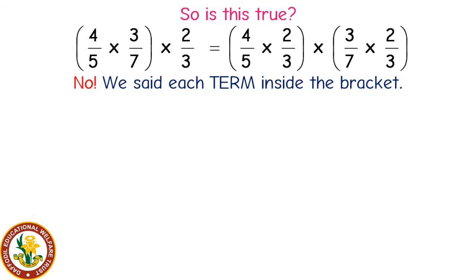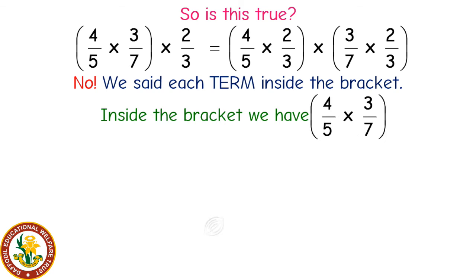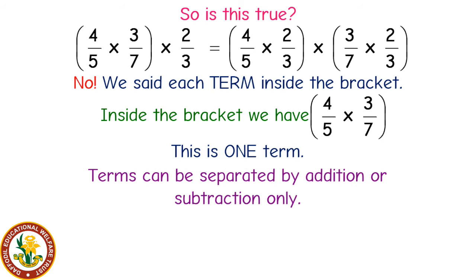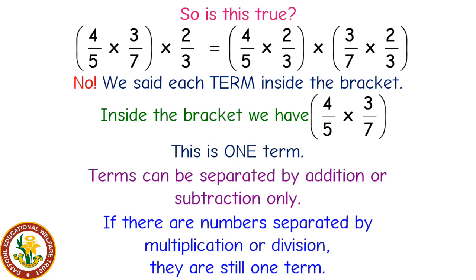No! We said each term inside the bracket. Inside the bracket, we have 4 upon 5 multiplied by 3 upon 7. This is one term. Terms can be separated by addition or subtraction only. If there are numbers separated by multiplication or division, they are still one term.